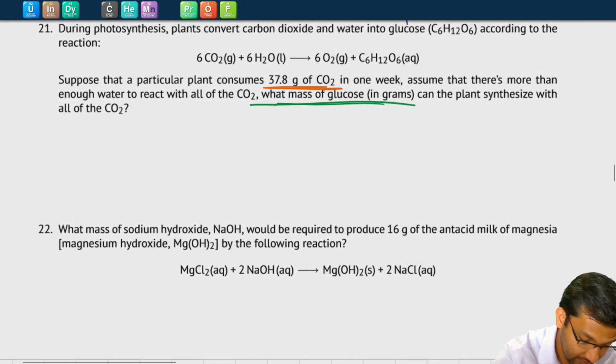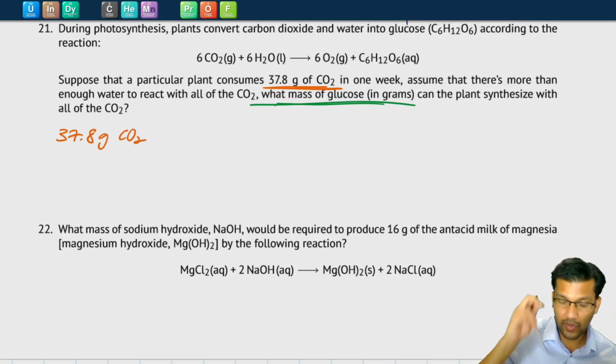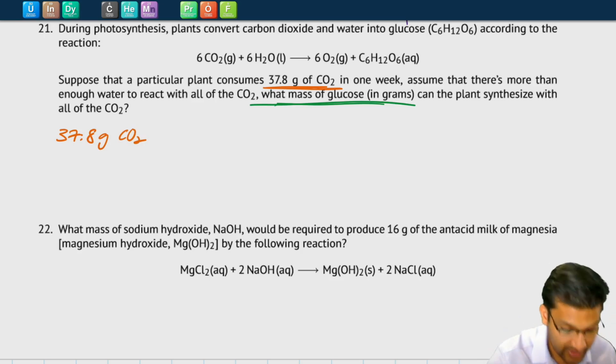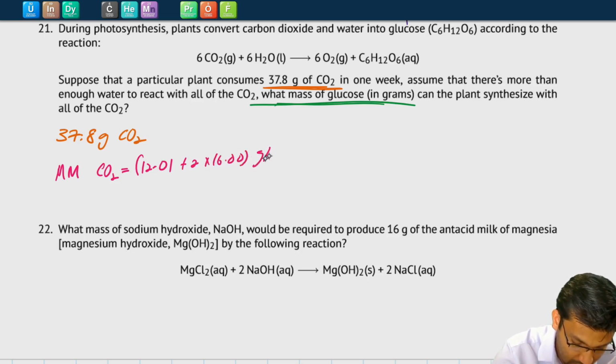Well, let's figure it out. So we start with 37.8 grams of CO2, and because this is a stoichiometric calculation, we need to first convert to number of moles. So the molar mass of CO2 is the molar mass of carbon plus 2 times the molar mass of oxygen, which comes out to be 44.01 grams per mole.